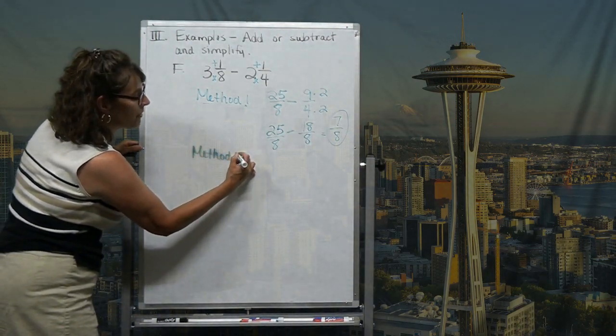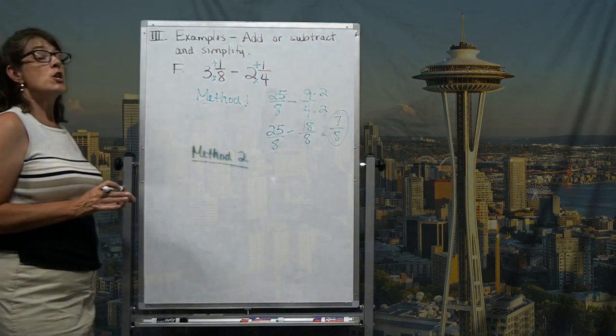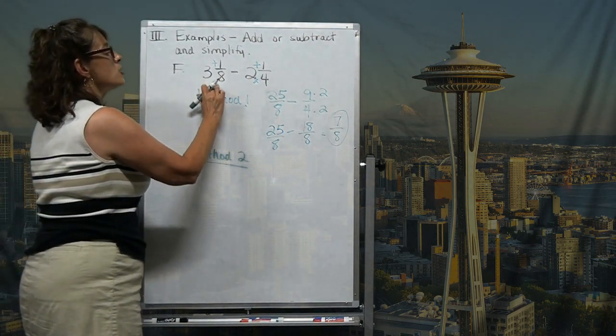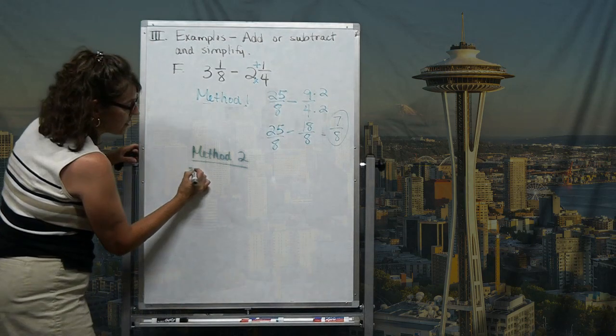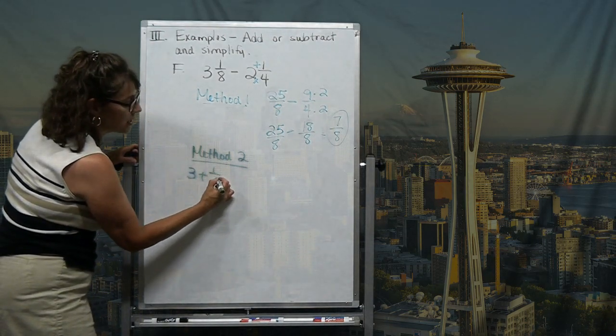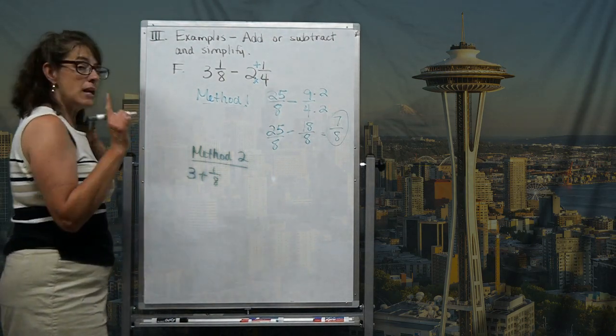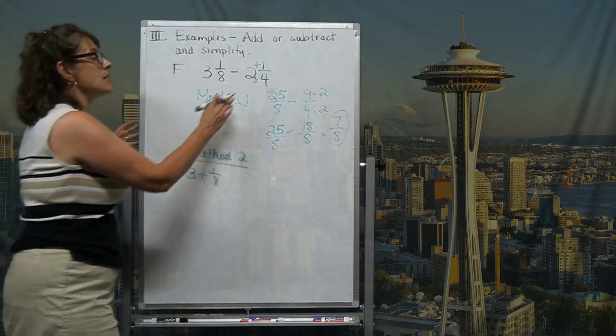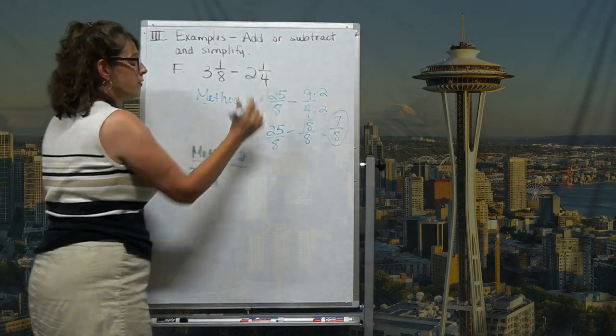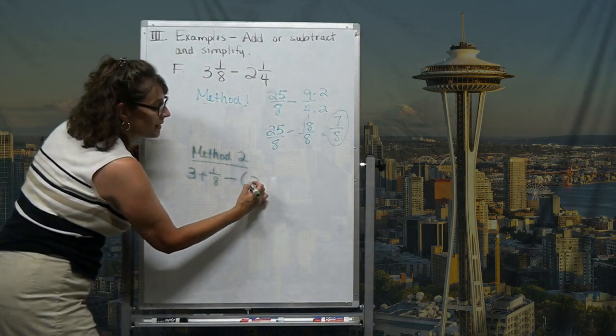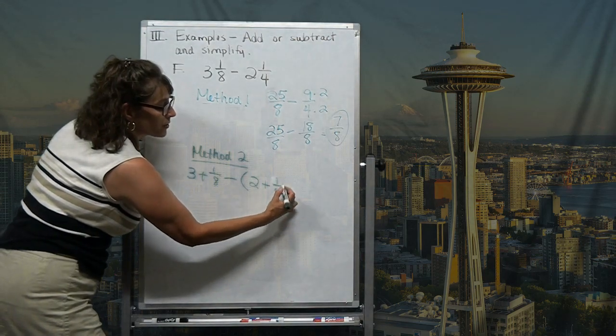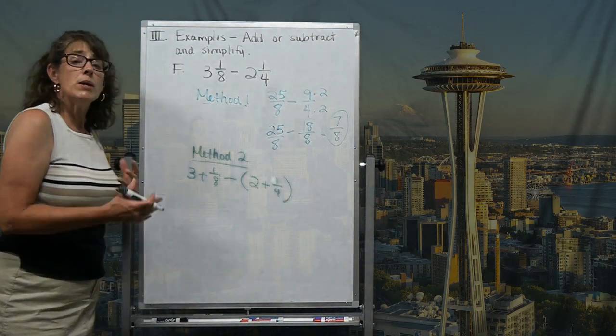Let's take a look at what method 2 will look like. So once again, method 2 says let's go with this idea that 3 and 1/8 is 3 plus 1/8. But here's where it gets a little bit tricky because this is a subtraction problem. I've got to be careful. I'm subtracting that 2 and 1/4. Couple of ways of looking at this.